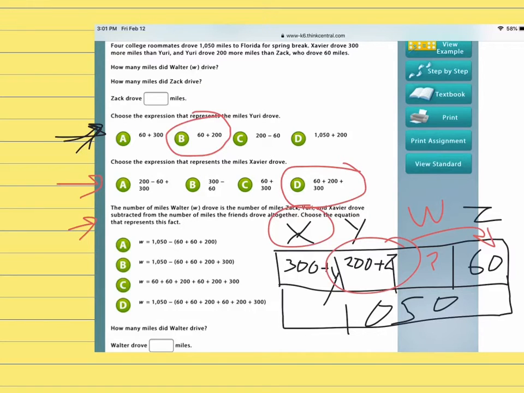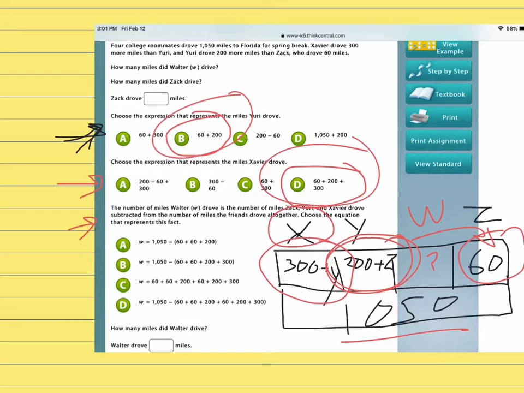Walter is equal to 1,050 minus 60 minus 200 plus Z and minus 300 plus Y. So we compare those two and look at what we have, and we can figure out what Walter is equal to. All right, this gets pretty complicated, but let's look at that.